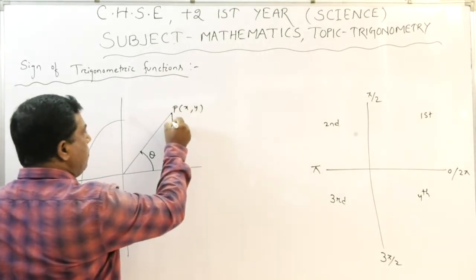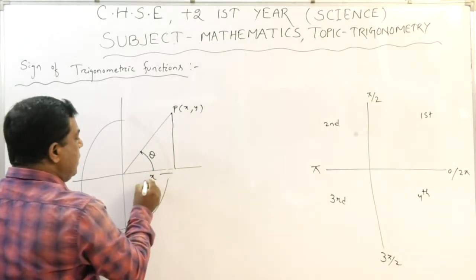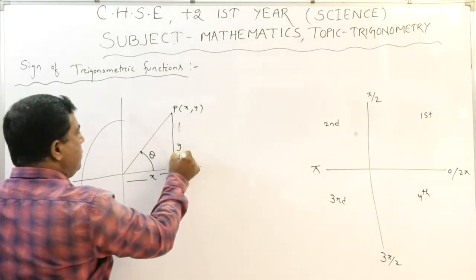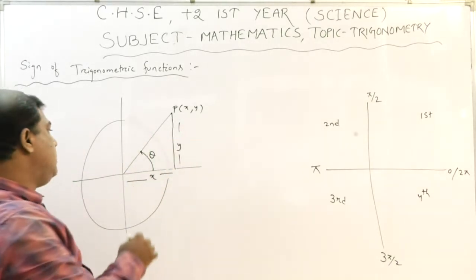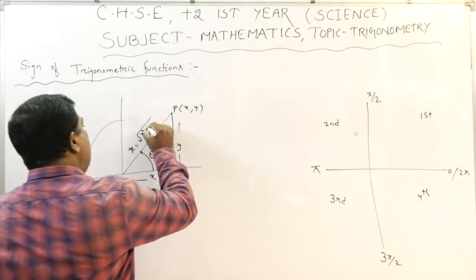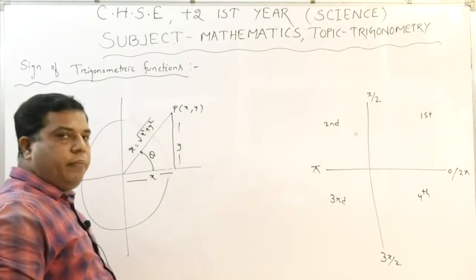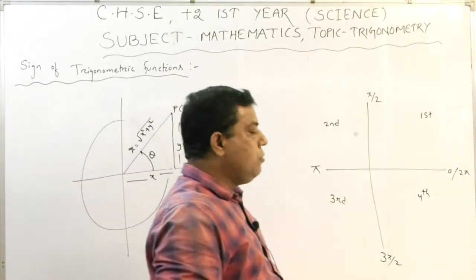Then if I drop a perpendicular, we know this is our x and this is y. Yes or no? And this is our r, which is root under x square plus y square, always taken as positive.